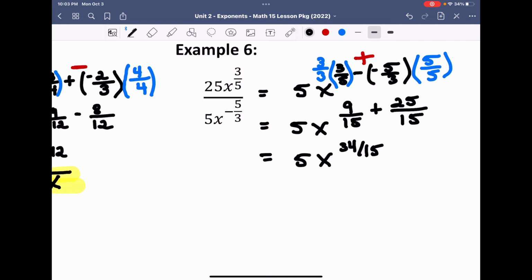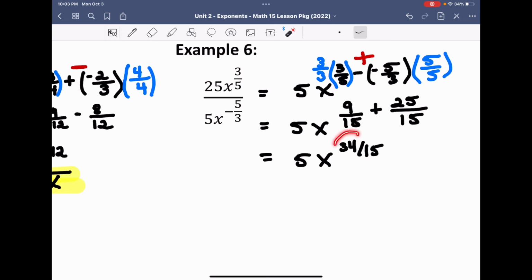And now what I can do is say, can I reduce this fraction? You always want to look at a number like this and say, is it reducible? Or can I make it in lowest terms here by dividing it by some form of common number? Well, 34 only divides by 2 and even numbers. 15 divides by 3, 5, 15, and 1, which are all odd numbers.